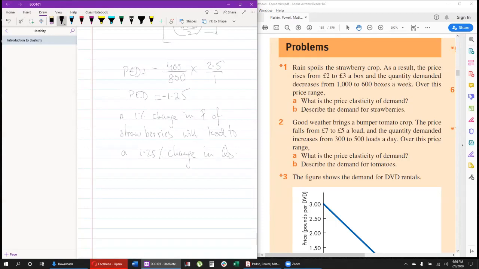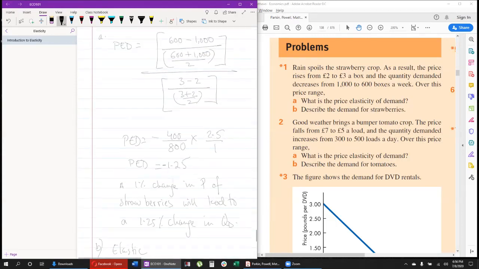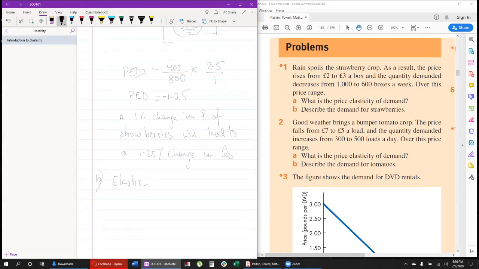So that's part A. Part B, describe the demand for strawberries. It's elastic, since it's less than -1, so obviously it's elastic. So that was number 1.